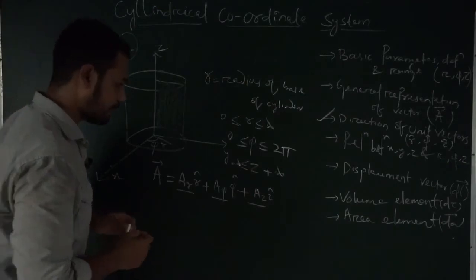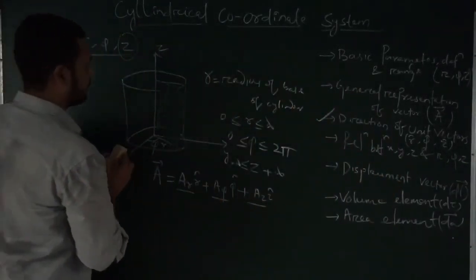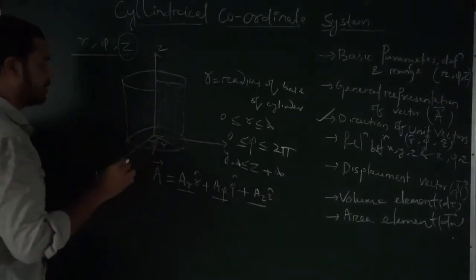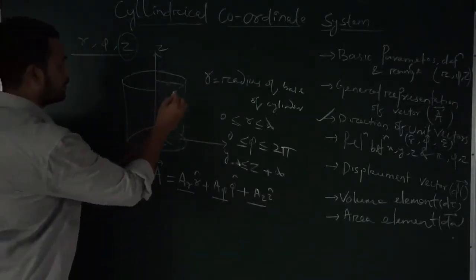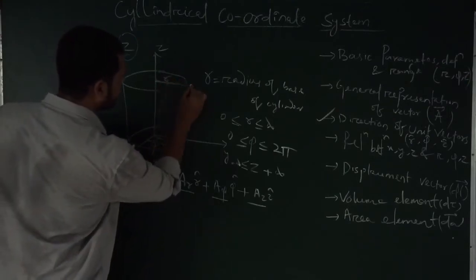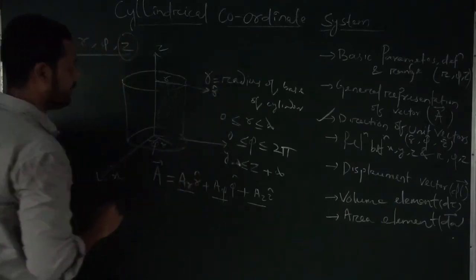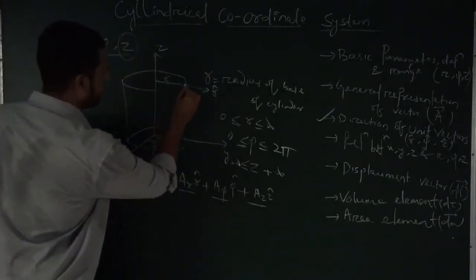Okay. Let's go for the directions of r cap, phi cap and z cap. So let's see the figure and find out the direction of r, phi and z cap directions. As this is the radius vector r, it can increase in this direction. So the direction of r cap will be in this direction.